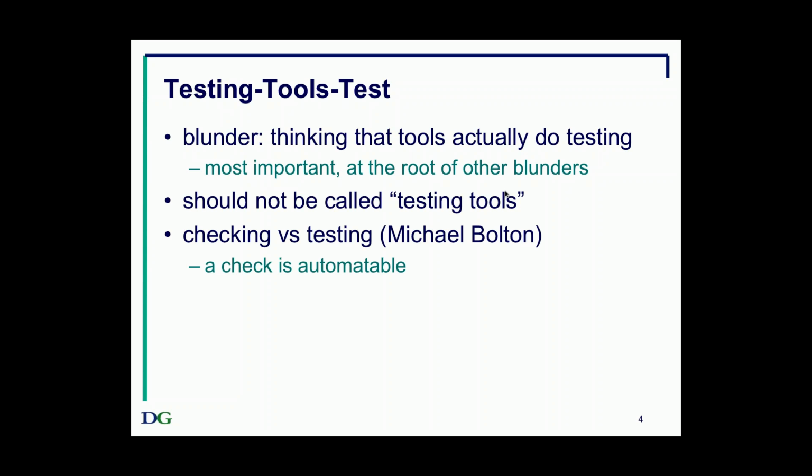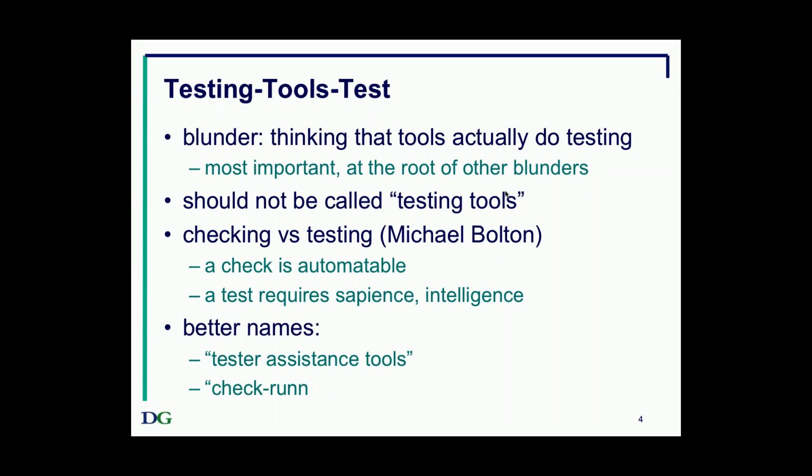So a check is something that can be done by a machine. And a test is something that requires intelligence or sapience. So it is a useful distinction, because things that you can do automatically are not the same as things that you would do manually. Maybe we should have called them tester assistance tools or even check running tools.